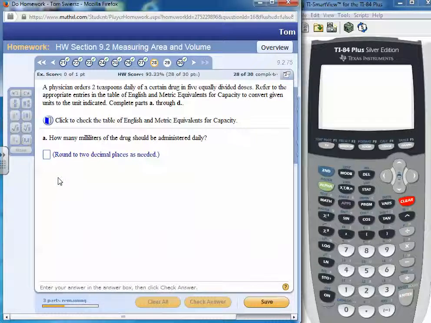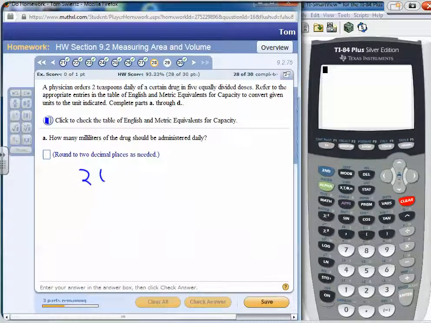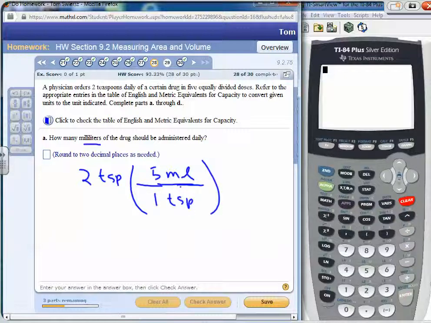We got 2 teaspoons. We want to convert to milliliters. So we have 5 milliliters for every one teaspoon. The 5 is in the numerator, so that tells us to multiply.